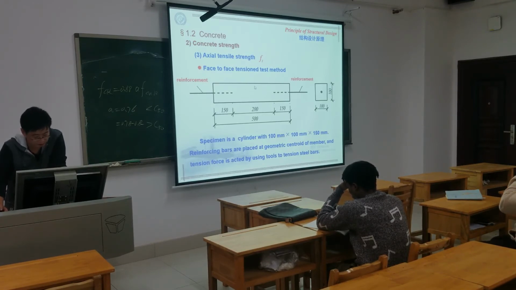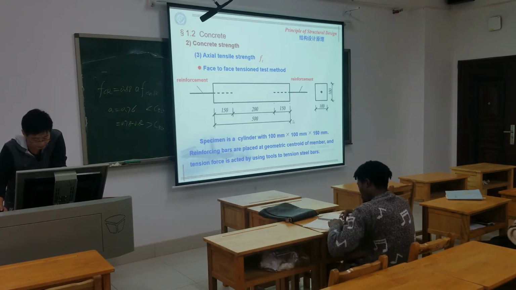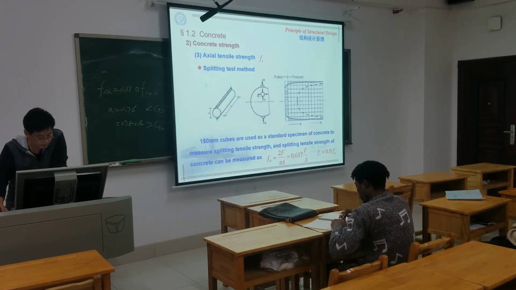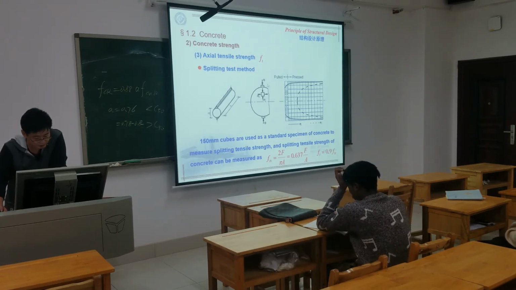When the specimen breaks, you get the force, then the strength. For the splitting test, the measurement is like this. When the specimen splits and cracks, then you get the value.